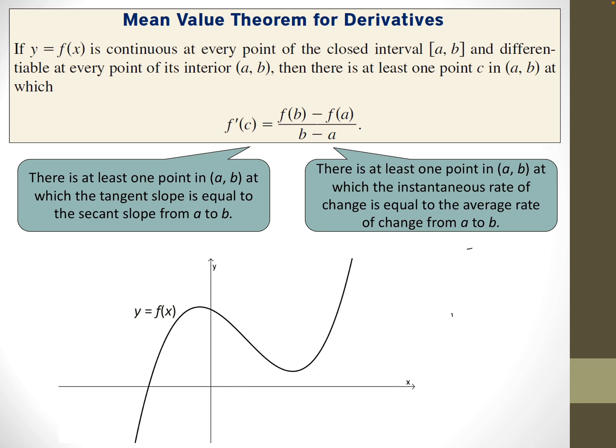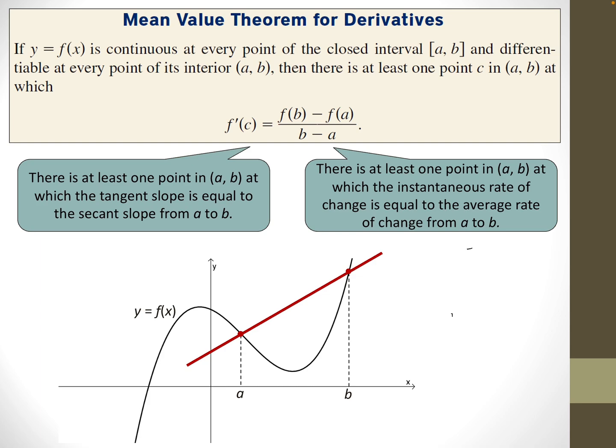So say you're going from some a value over to some b value. And if you find the slope between those two points, this is the average rate of change, a secant slope. So you just find the slope between those two points, and that's the right side of the equation you're seeing above, f of b minus f of a over b minus a.